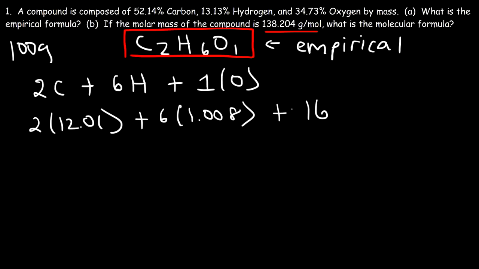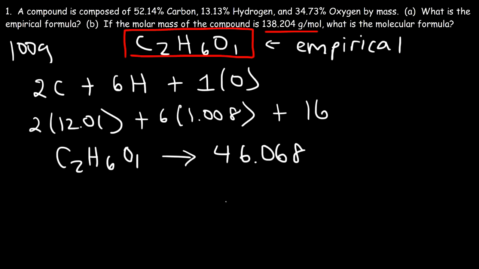So the molar mass of C2H6O1 is 46.068. So now we need to know what molecular formula corresponds to a molar mass of 138.204.